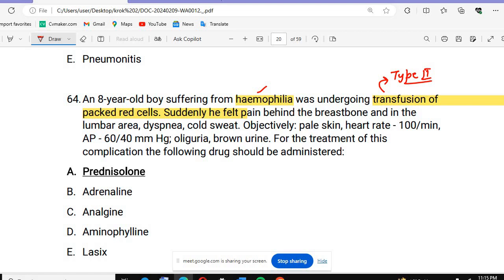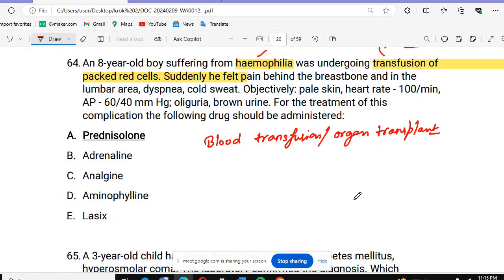See, if any patient comes having blood transfusions, or a patient with any organ transplant, in those conditions there will be immune reactions, or we can say hypersensitivity reactions.